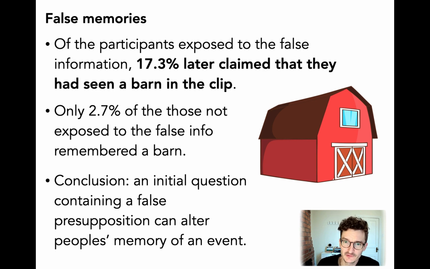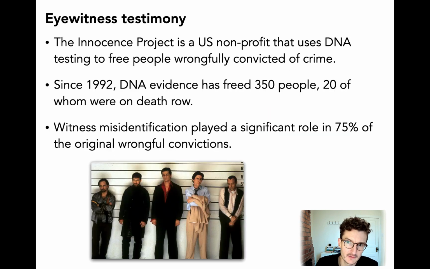And so Loftus's work really called into question the notion that memory is static, the notion that in criminal proceedings we can rely on eyewitness testimony. And indeed, there's a nonprofit in the US called the Innocence Project, and it uses DNA testing to free people who it thinks are wrongfully convicted of crimes.